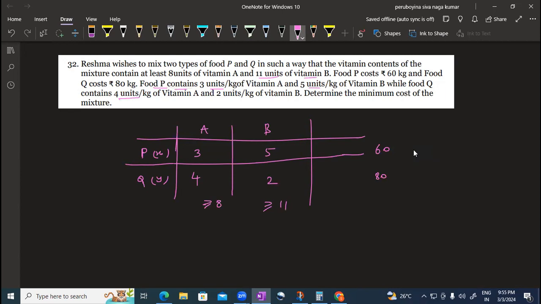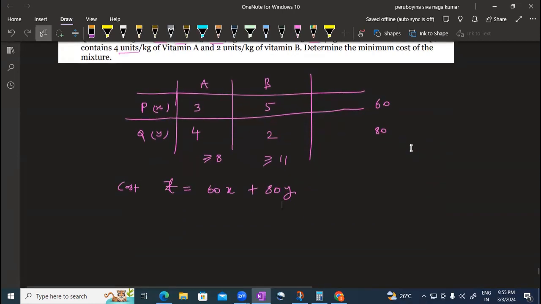So we have to create a cost function. Cost Z is equal to 60 rupees for each kilogram of P and 80 rupees for each kilogram of Q. Total cost will be 60x plus 80y, and this should be minimum.